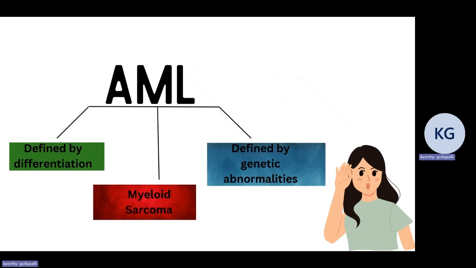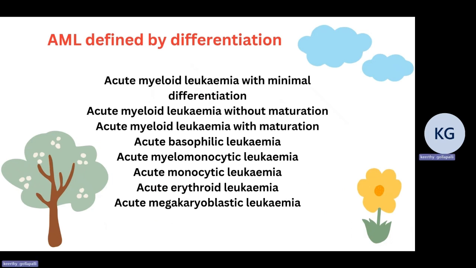right? So, acute myeloid leukemia defined by differentiation is the same as your previous FAB classification, where you have AML with minimal differentiation, without maturation, with maturation. Then you have acute basophilic leukemia, myelomonocytic leukemia, monocytic leukemia, erythroid leukemia, and megakaryoblastic leukemia.